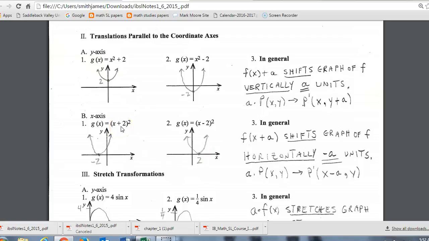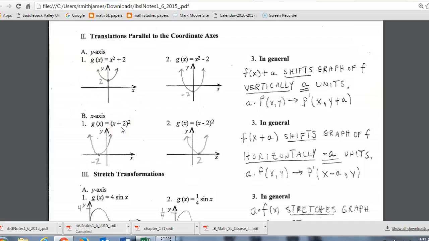When it comes to the x left and right transformations, it's pretty much always the opposite sign of what you would expect. So when you see a plus 2, this would actually shift your graph to the left 2 units. And when you see a minus 2, it's going to shift your graph to the right 2 units. So, typically we would say, oh, plus 2, we're going to go right 2.